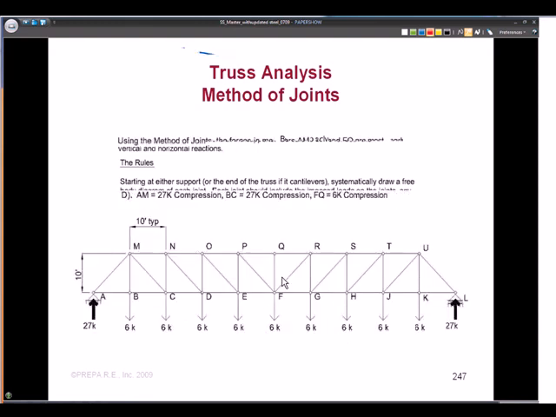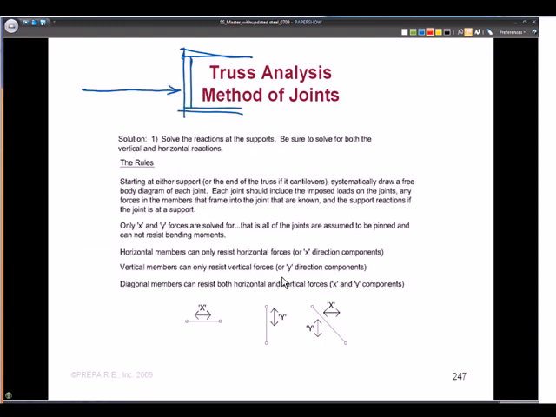Okay, so here are rules for the method of joints, and if I was to choose one to go into the exam with, and for practice, this would be it. When we actually do a truss in practice, we always start with the method of joints.